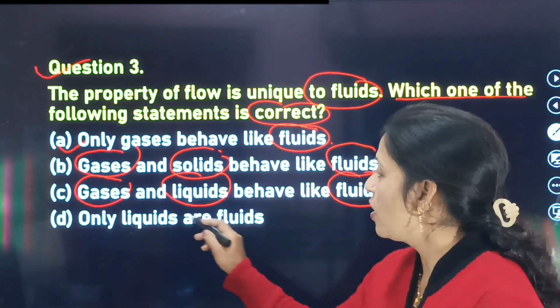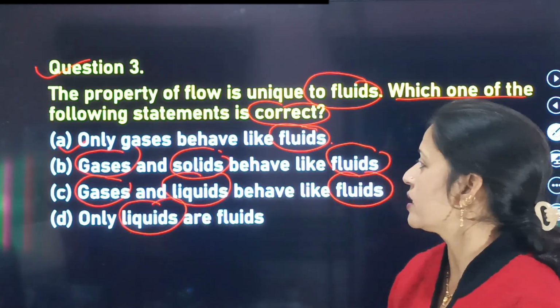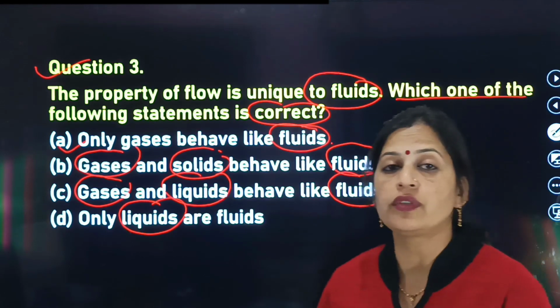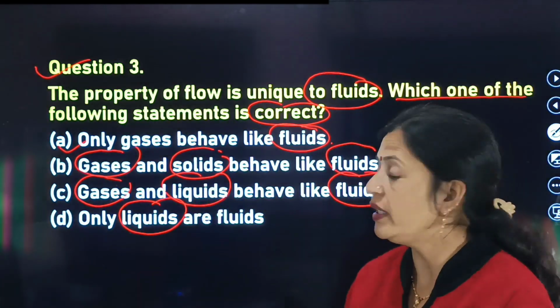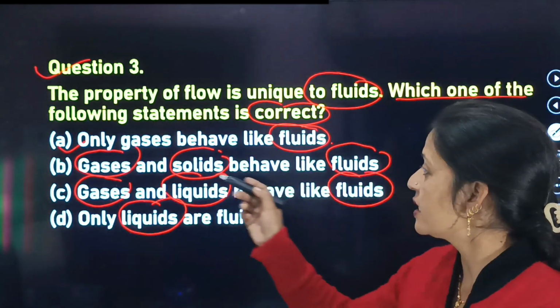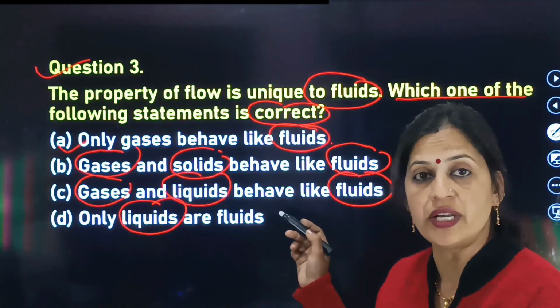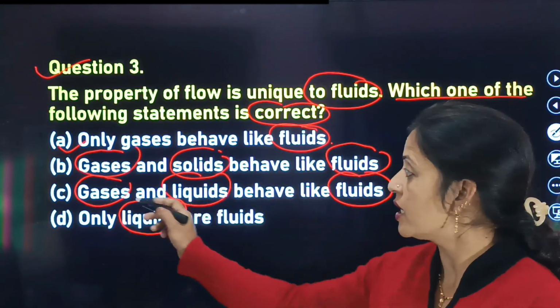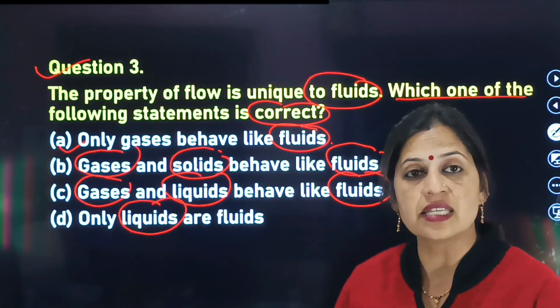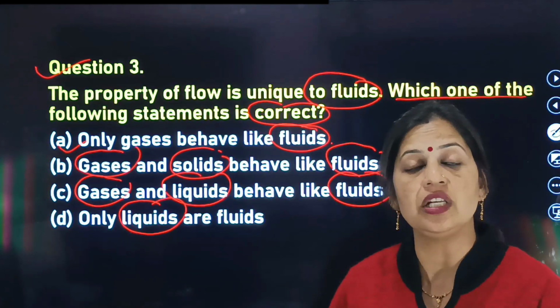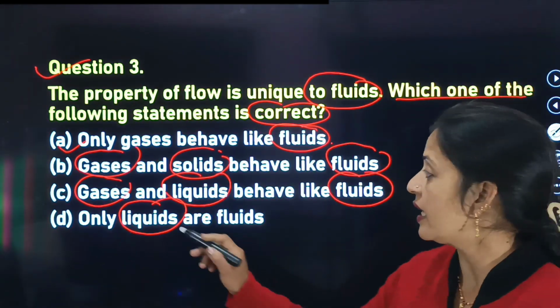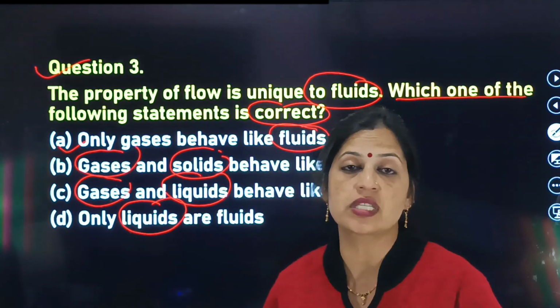And the last one is only liquids are fluids. So which is unique to fluids? Either only gases behave like fluids, second is gases and solids both behave like fluids, third one is gases and liquids behave like fluids, and the last one is only liquids can behave like fluids.